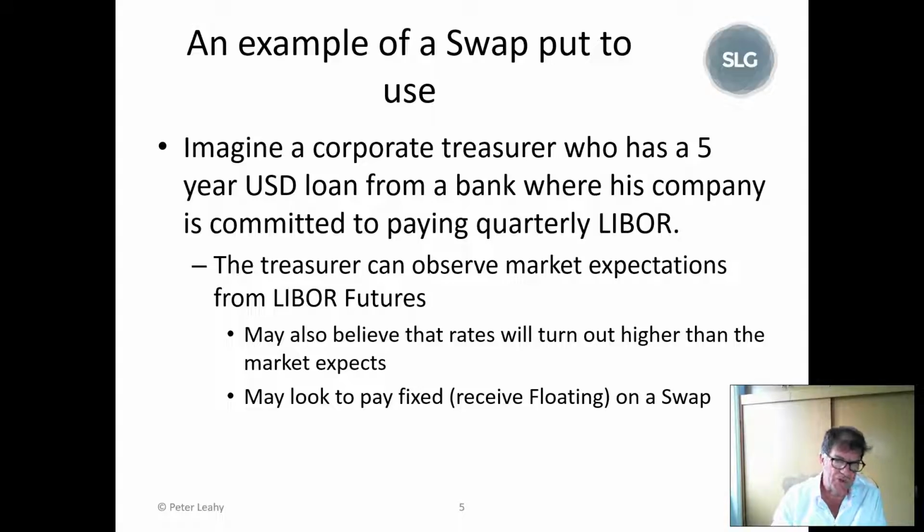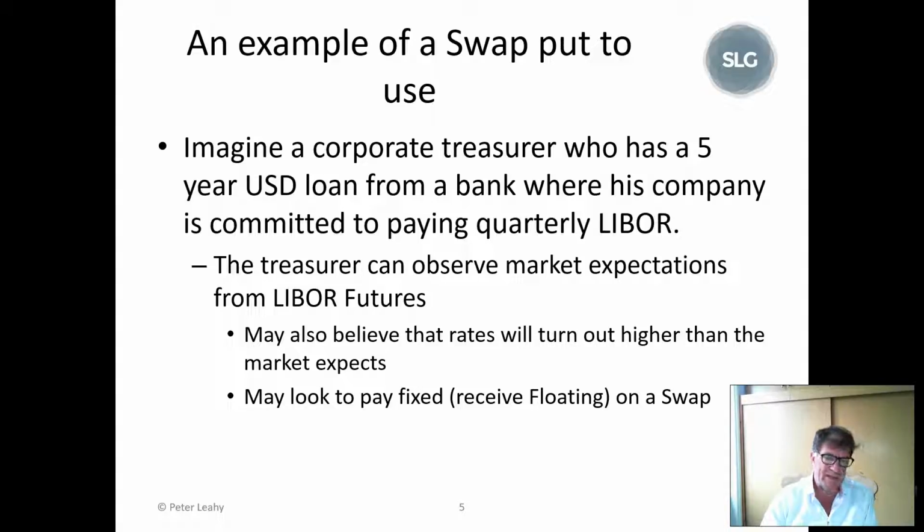Perhaps our corporate treasurer is concerned that interest rates will go up in the future more than the market appears to be anticipating, because the corporate treasurer has a viewpoint on how the economy is looking, and that growth may return or increase faster than the market appears to be expecting, and that often leads to a rise in interest rates. And perhaps our corporate treasurer is anticipating a bigger rise in rates than the market is.